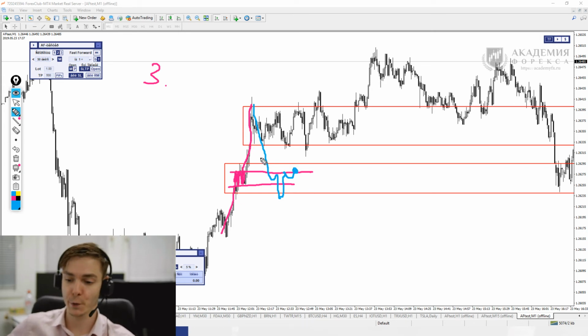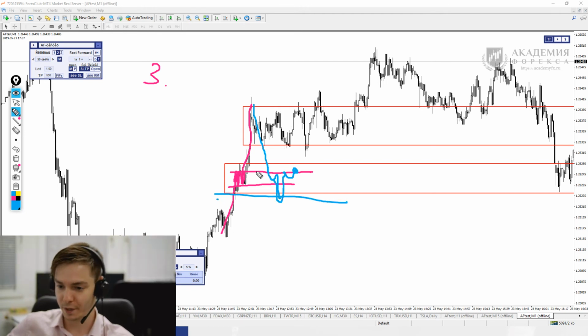Why is it so secure? Because the banks and big players were able to actually smash everybody here. Our players had stop losses below this level. They were able to force the market to go down, and in the end they gained the position here, and it's actually a very ideal situation for opening a long or short position with this pattern, and it's the most secure one in terms of probabilities.